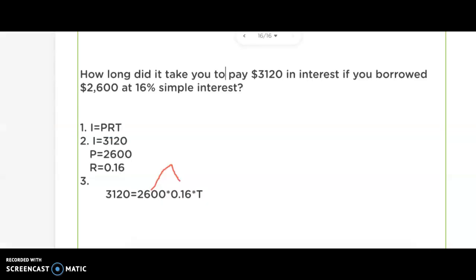So I'm going back here to the ClassKick, and that answer is 416. So the next step: I have 3120 equals 416 times my time. I know that some number times 416 will give me 3120, so the next step is to divide both sides by 416.